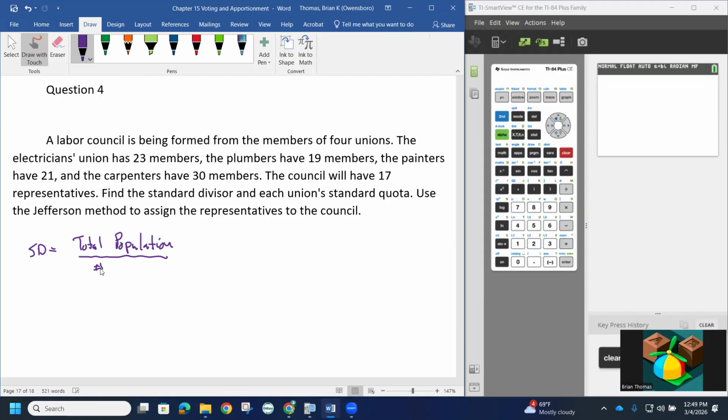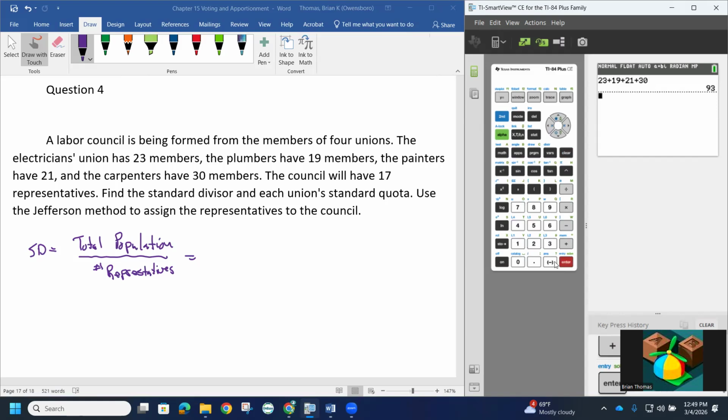To get the total population, we have to add how many are in each group. So we have 23 that are electricians, 19 plumbers, 21 that are painters, and 30 that are carpenters.